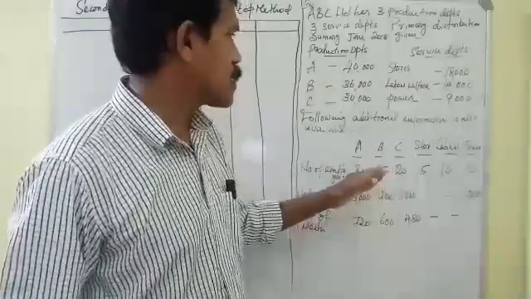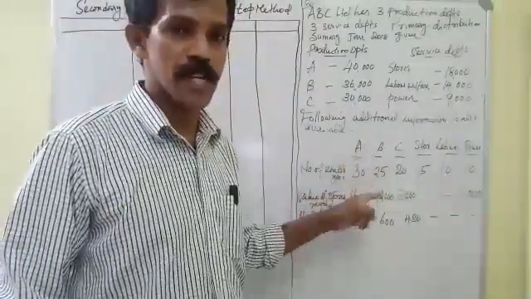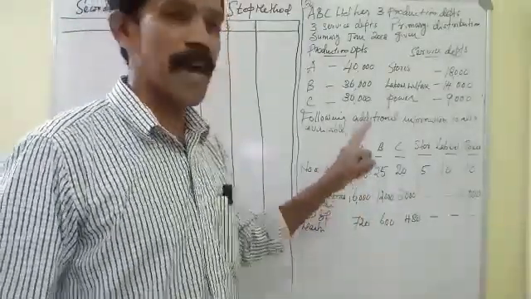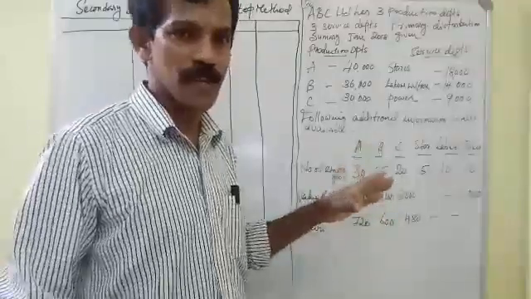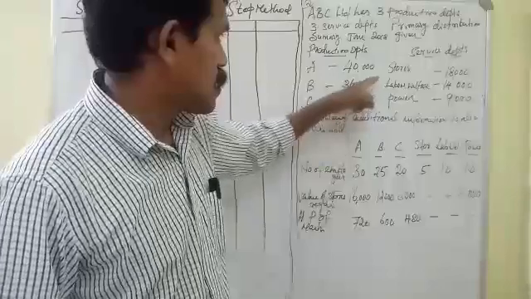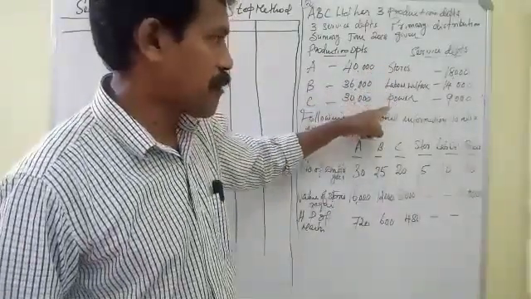Here we want to look at one thing. Firstly, in the step method, which service department serves the maximum number of other departments? We have three service departments: stores department, labor welfare department, and power department.